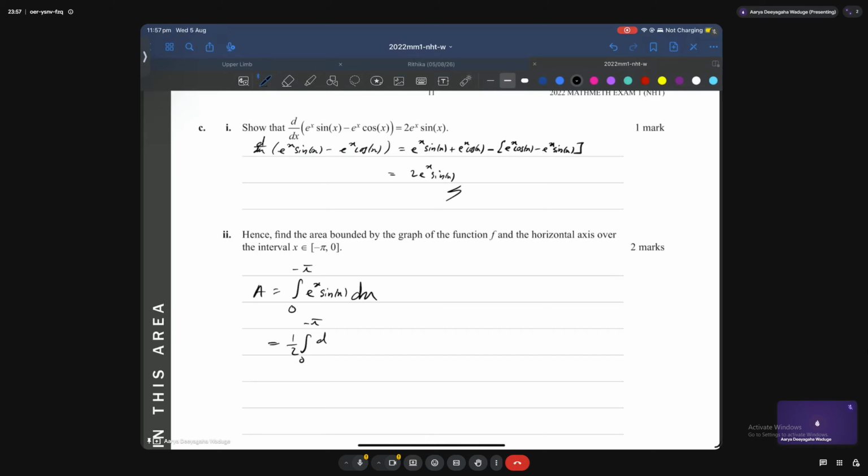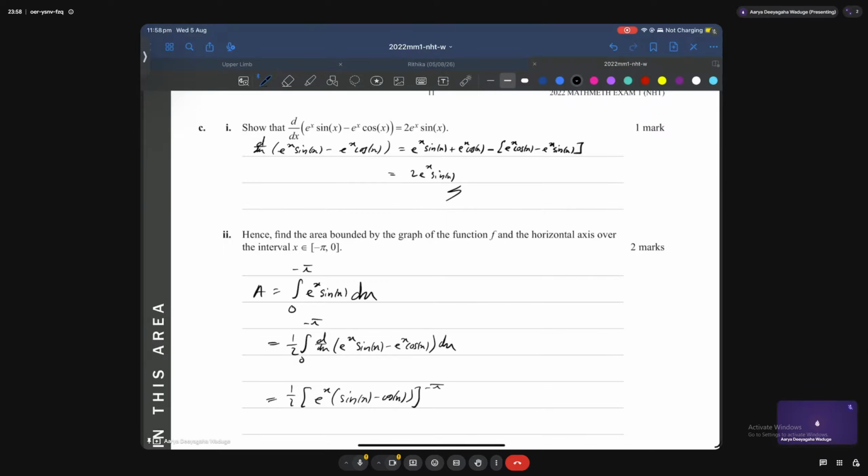So just directly copy this, minus e to the x cos x dx. So this is equal to half, and I'll factor out the e to the x. This is going to be sine x minus cos x.